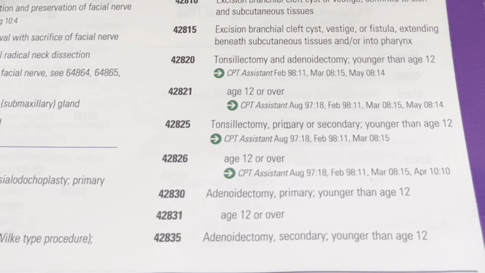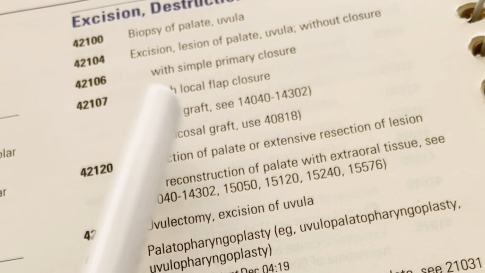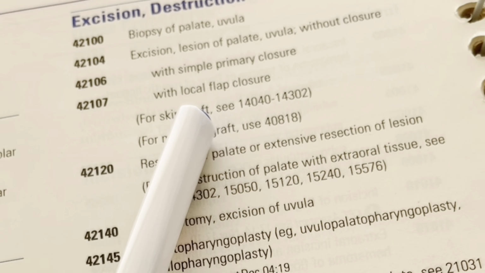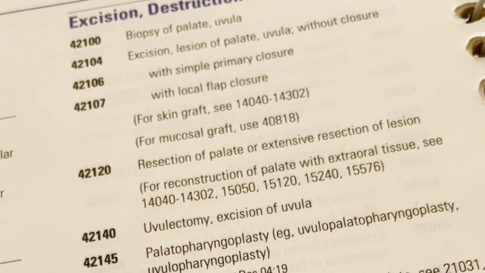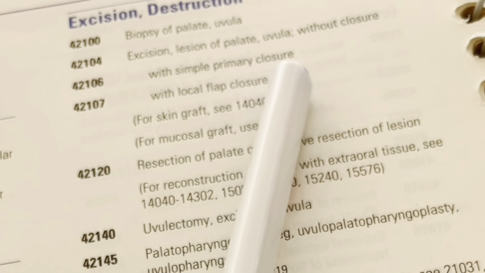Okay. So 42826 and then 42107. What is 42107? It's here, with local flap closure. And in option C, what is 42106? 42106 is with a simple primary closure.